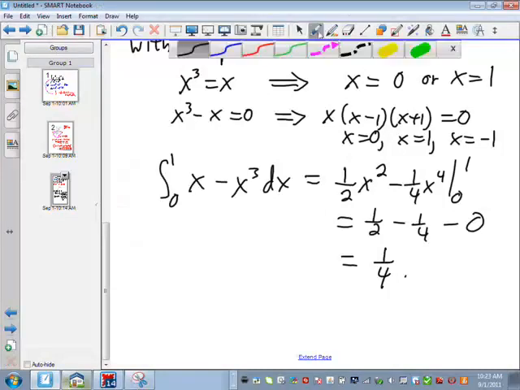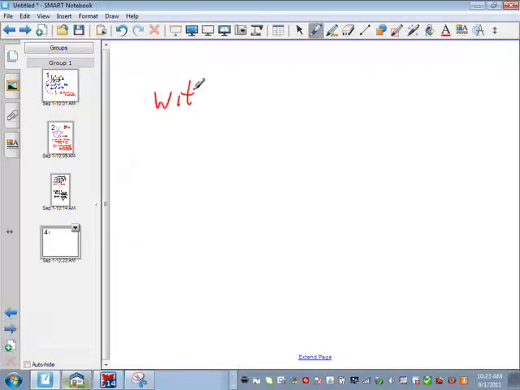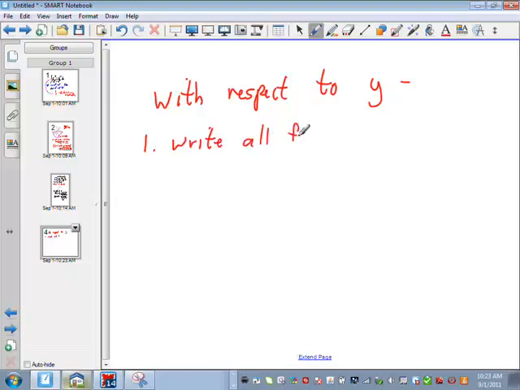So now, with respect to y, we'll put it on a different page, in a completely different color. With respect to y, one will write all functions in terms of y.